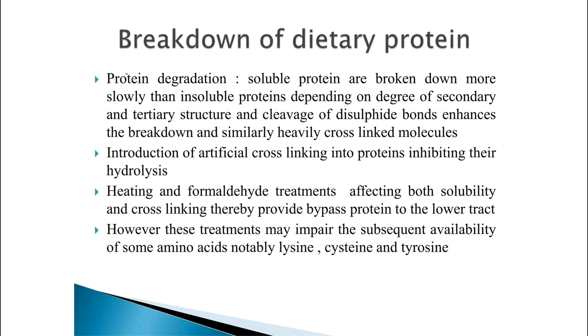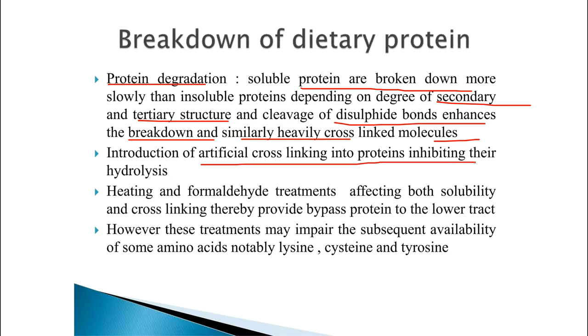Then the breakdown of dietary protein is by the microbial enzymes present in the rumen. Secondary or tertiary structure and cleavage of disulfide bonds enhance the breakdown, whereas heavily cross-linked proteins resist it. Introduction of artificial cross-linking into the protein inhibits hydrolysis, like heating with carbohydrate or formaldehyde treatment.